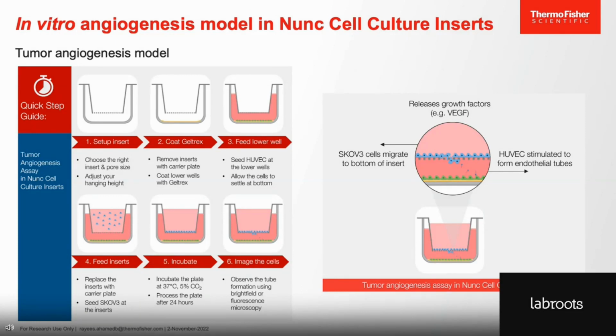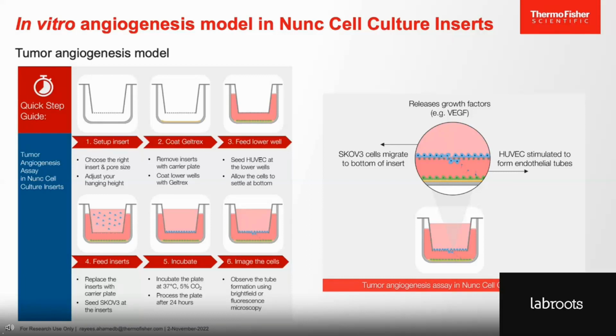Followed by that, the HUVEC cells will be seeded on top of the coating, and the next step would be we can seed the cancer cells on top of the insert. So now we have established a dual cell type culture system where you have a cancer cell on top of the insert and you have HUVEC cells in the bottom well.